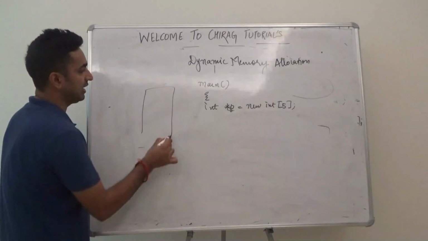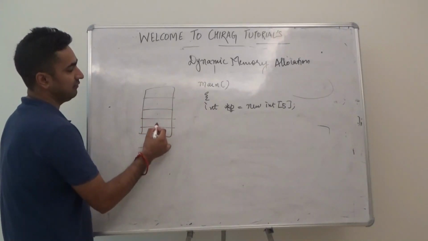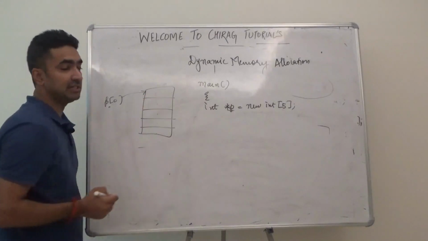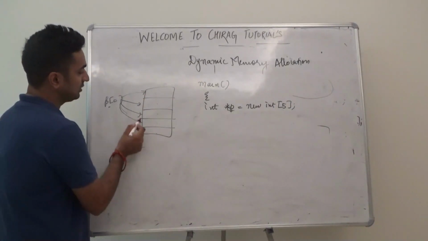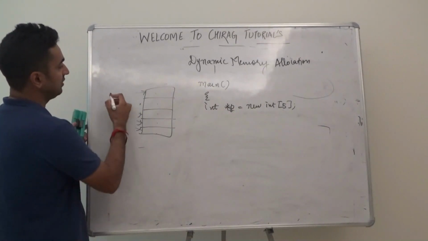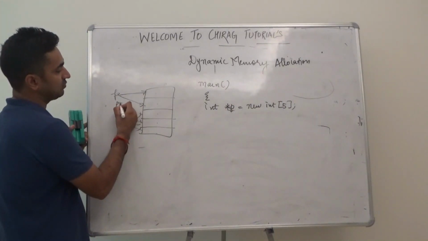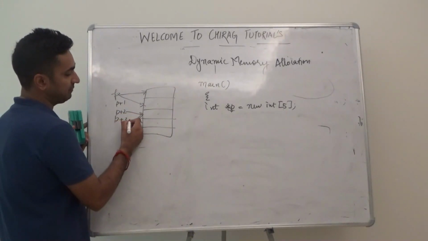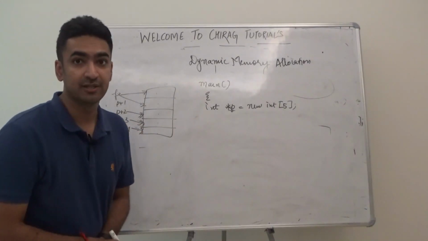So the allocation for 5 integers will happen: 1 2 3 4 5. P of 0 will point to the first, similarly p of 1, p of 2, 3 and 4. If p is pointing to the first one, then p plus 1 will point to the second, p plus 2 to the third, p plus 3 to the fourth, and p plus 4 to the fifth.